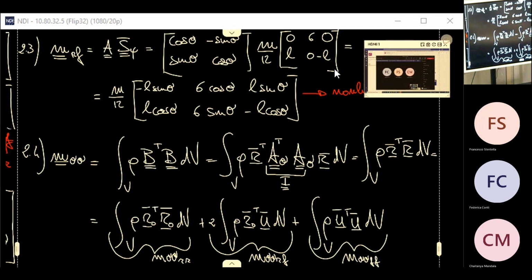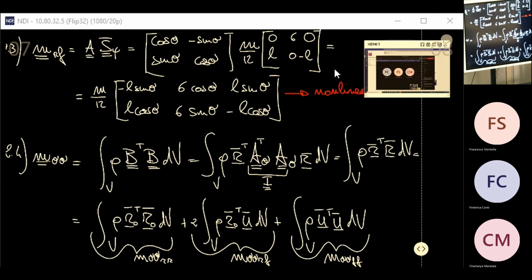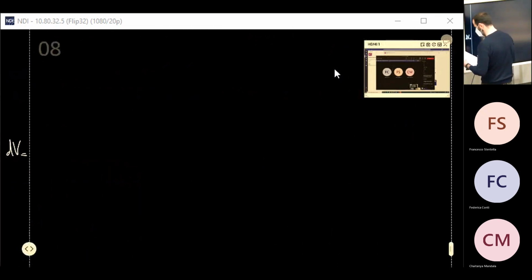As you can see, they are all scalars here. This is a sum of three scalar quantities. In fact, this is a matrix, but eventually it's a matrix with one element, so it's a scalar. Okay, so let's estimate these quantities.